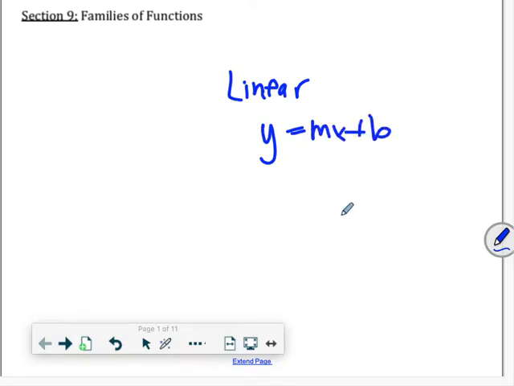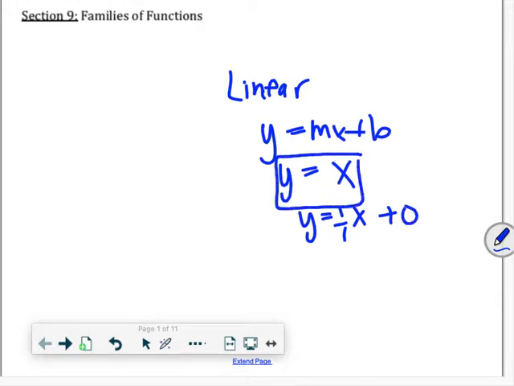Today we're going to talk about the most basic form of all of the graphs. And so the most basic linear graph is called y equals x. That is when the slope was 1 over 1 and the y-intercept was 0. So y equals x is going to be the most basic linear equation.